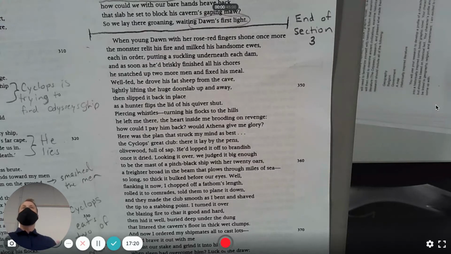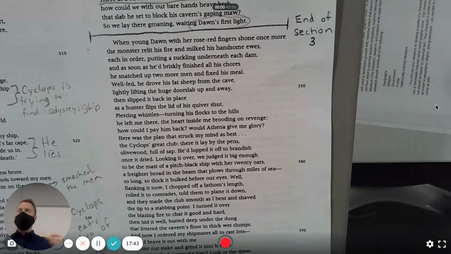Why does Odysseus not go over and just kill the Cyclops? William, do you know that answer? Okay, he's getting a plan together. Excellent. And yeah, if they kill the Cyclops, then they're never going to get out of the cave because that huge boulder was put in front of the cave. So there's no way to get out.